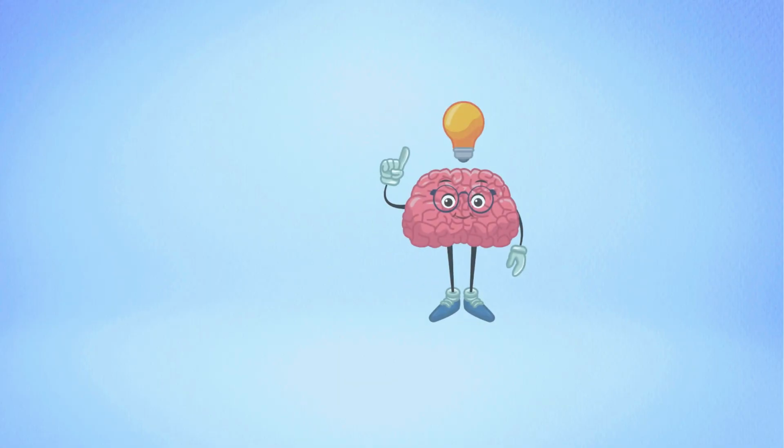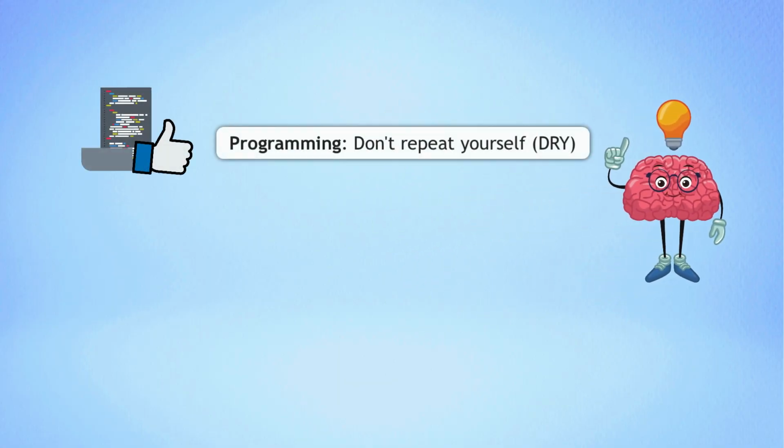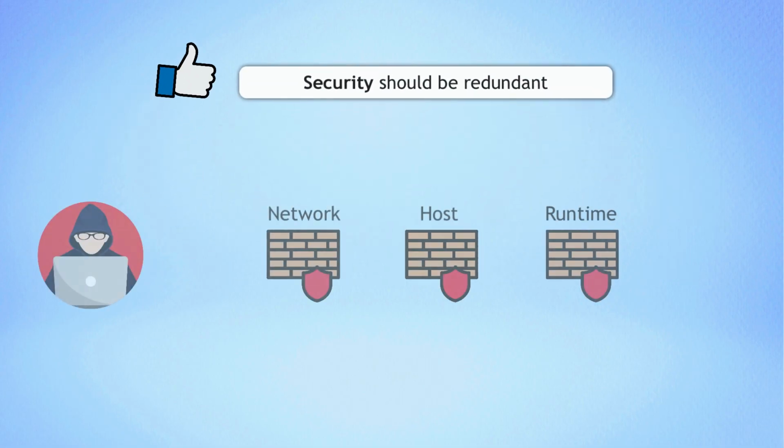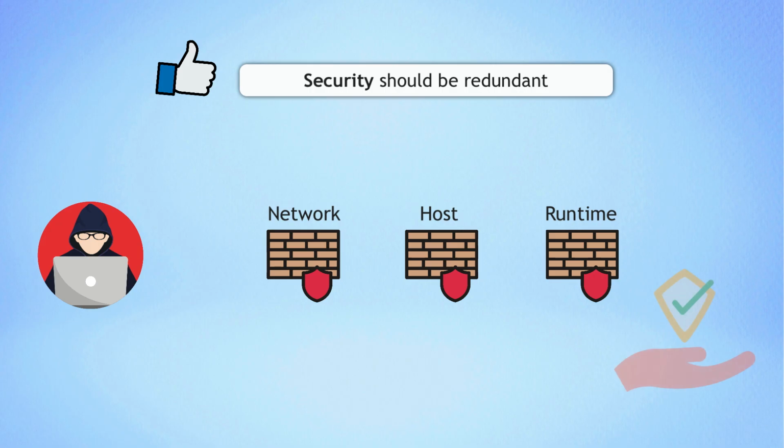So while coding best practice is not to repeat logic, security best practice generally is actually to be redundant. So use many security mechanisms in place to protect every attack point. So this way an attacker will have to do multiple things in order to get into your system or access your valuable resources and basically do some damage to your whole environment.